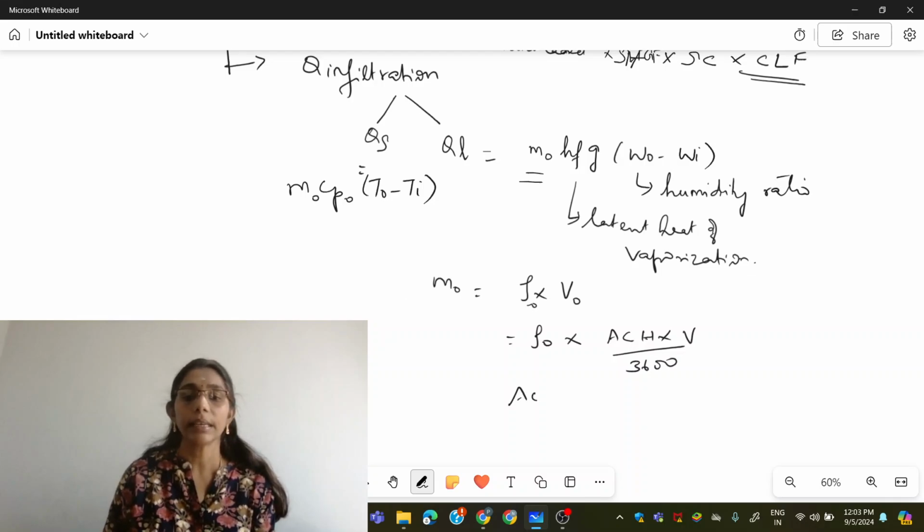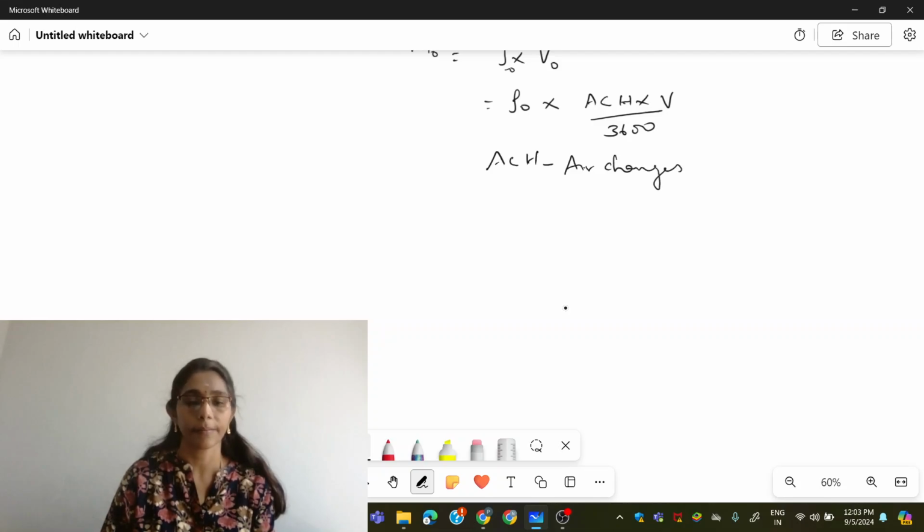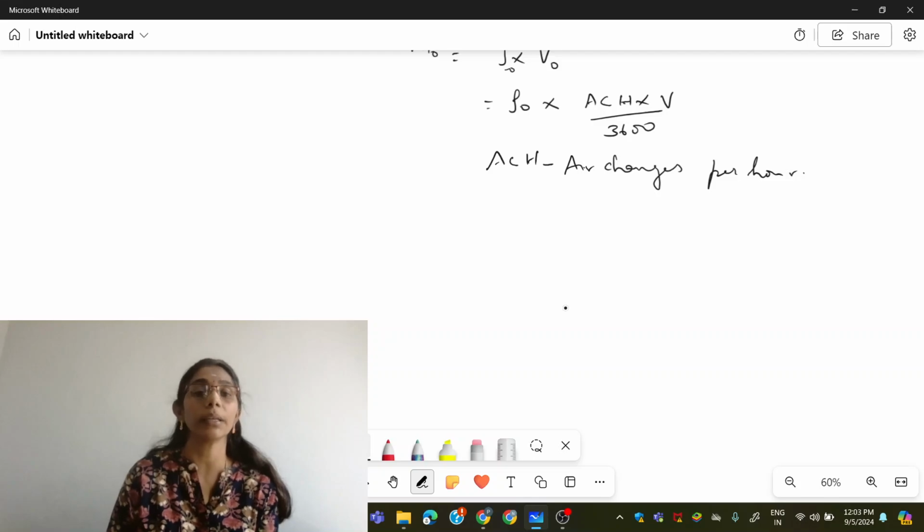Now, this ACH, you call it air changes per hour. See, the property or the nature of the air doesn't remain the same. It is going to vary. That variation is accounted for in this.